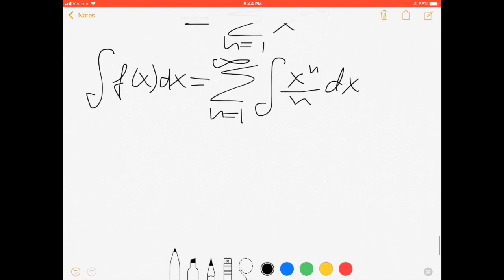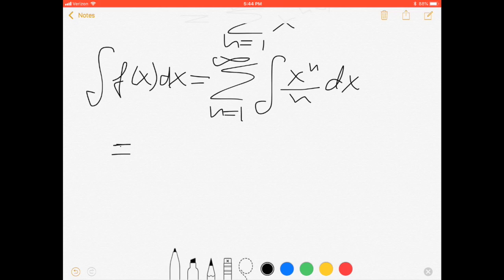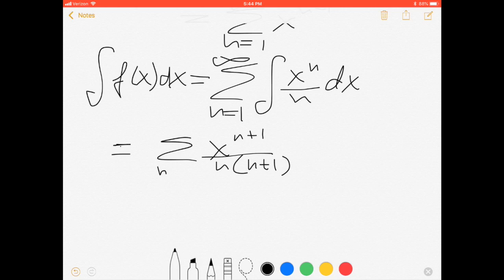This gives us the series x to the n plus 1 over n times n plus 1, starting with 1 to infinity, plus some constant c.